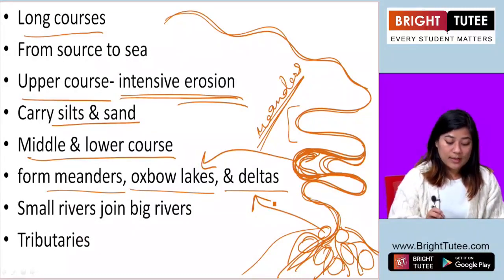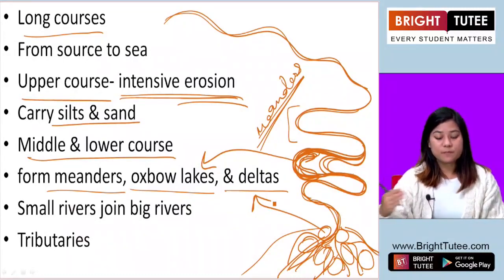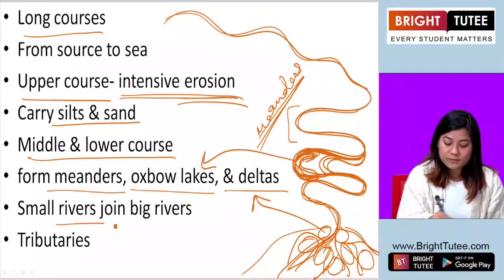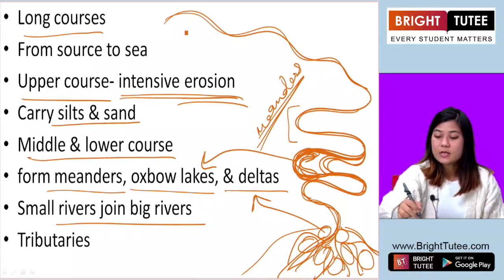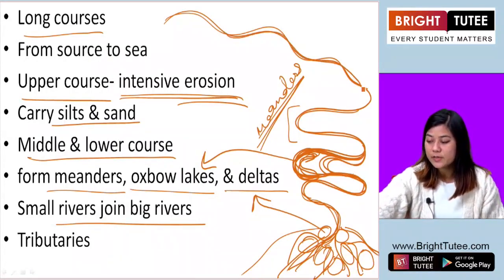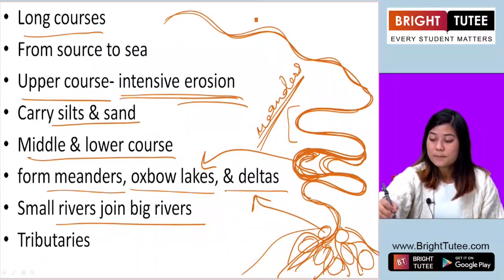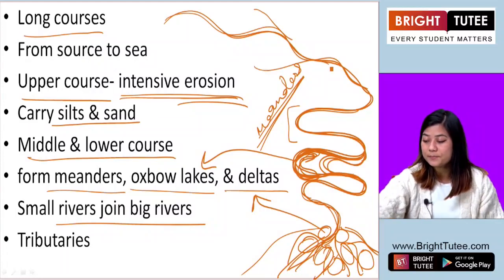And along its course, as it flows, sometimes or mostly small rivers join it. So this is a Himalayan river, one of the Himalayan rivers, and as it flows, many rivers join it in its course.